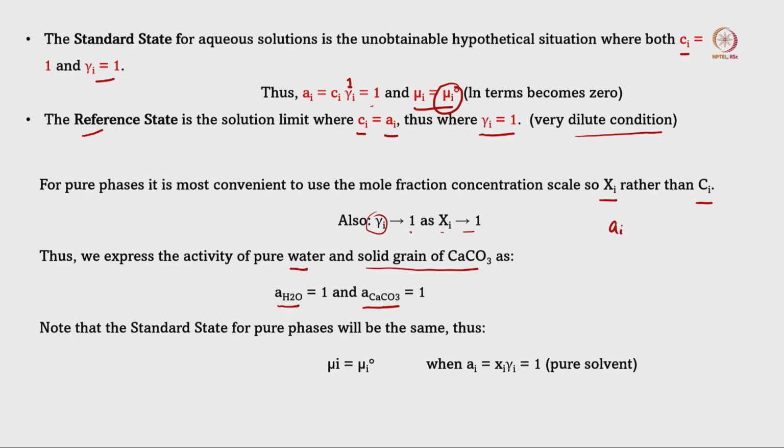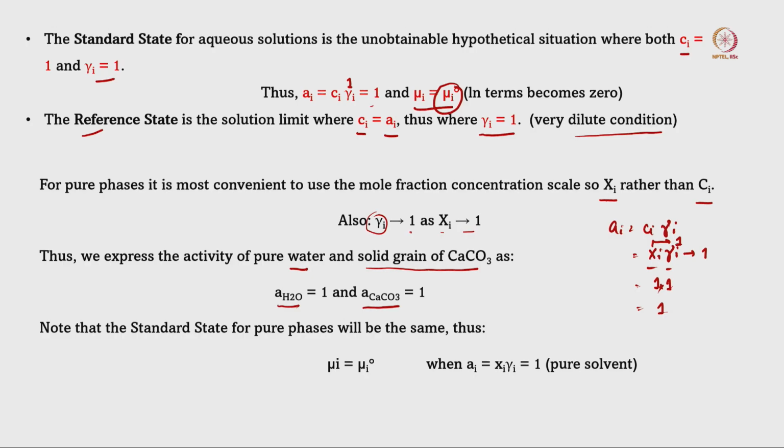So, my Ai, which is equal to Ci into gamma I, I am replacing with Xi into gamma I, and both are equal to 1. As this tends to 1, this also tends to 1. So, 1 into 1 is equal to 1. So, in pure phases our activity is equal to 1.